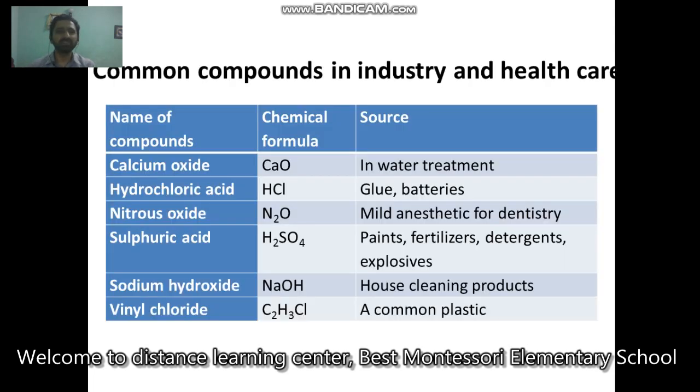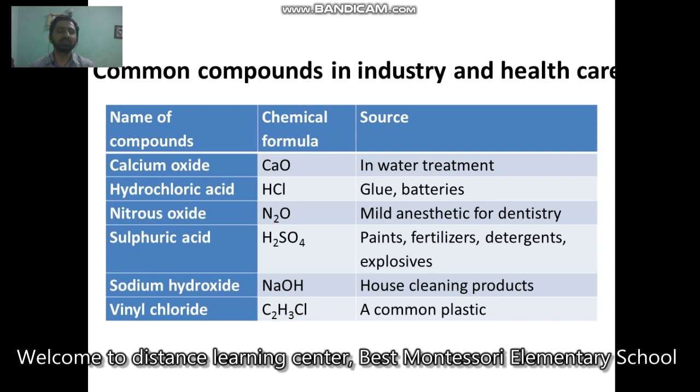In today's topic we studied what chemical compounds are and what chemical formulas are. Chemical symbols represent the short form of elements. Similarly, chemical formulas represent the short form of chemical compounds.